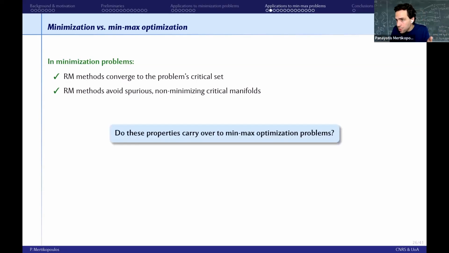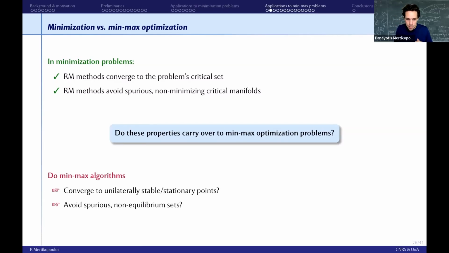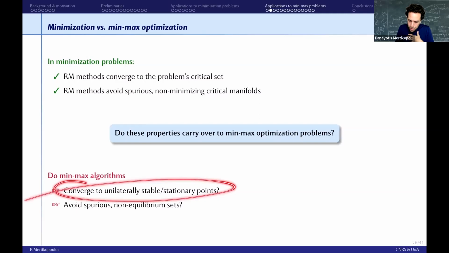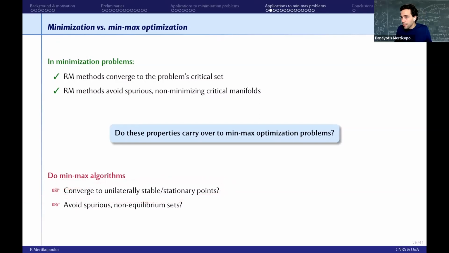And what we wanted to see is whether these type of results also extend to min-max optimization problems. So specifically, whether we can get convergence to unilaterally stable stationary points, critical points in a sense, and whether we can avoid points that are not min-max points. All right.